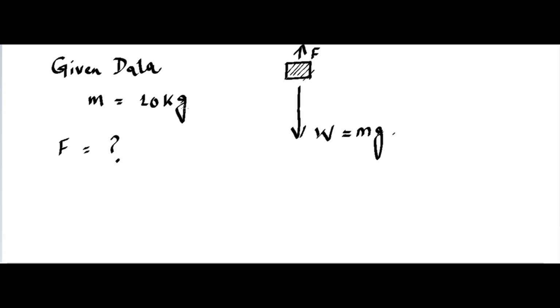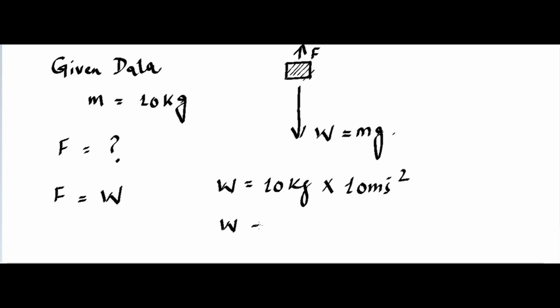We have to find the weight of the object, and then the force that we want to calculate is equals to the weight of the object. To find the weight of the object, W is equals to mg. As you know, the value of the mass is 10 kilogram multiplied by g, which is the gravitational acceleration. Its value is 10 meters per second square.